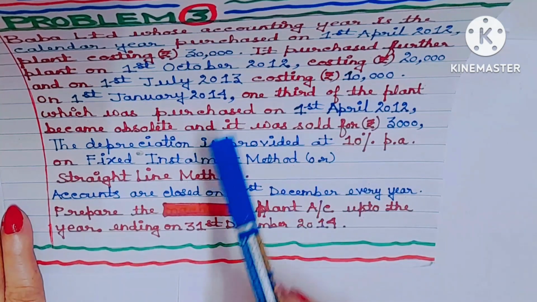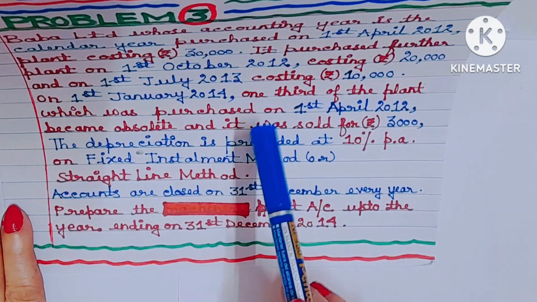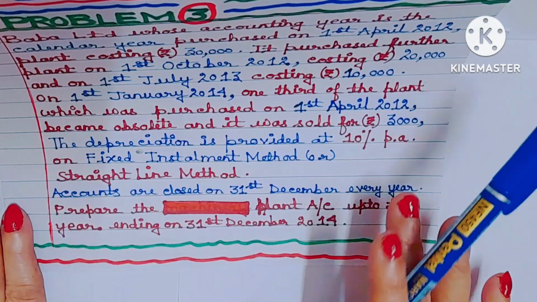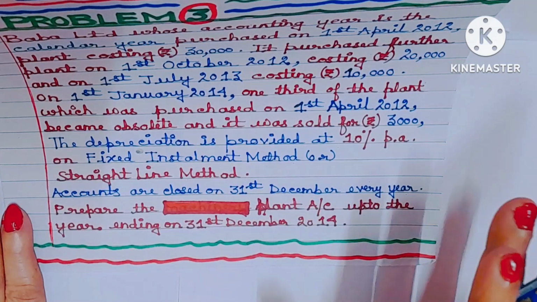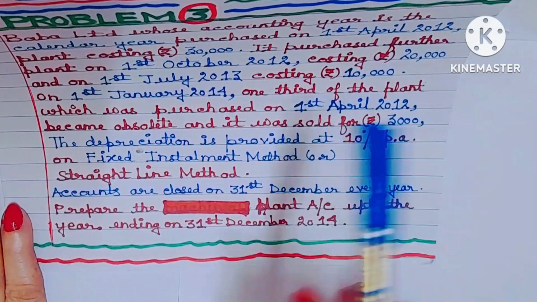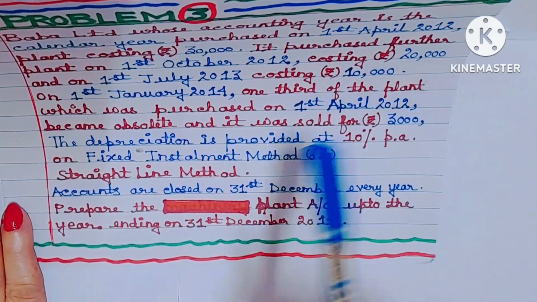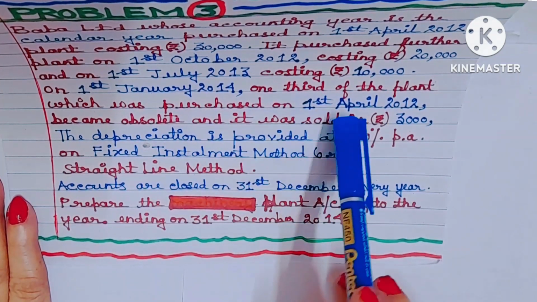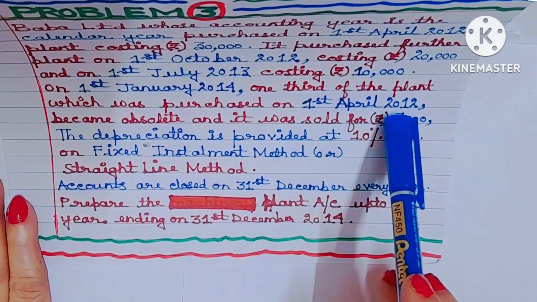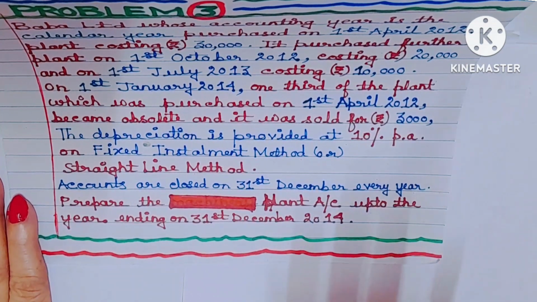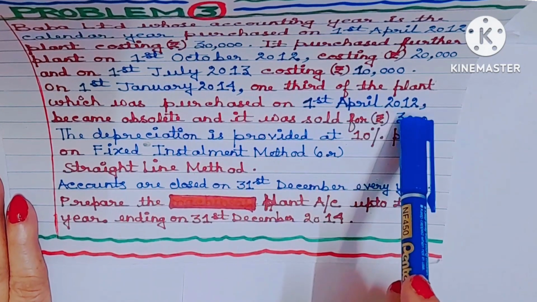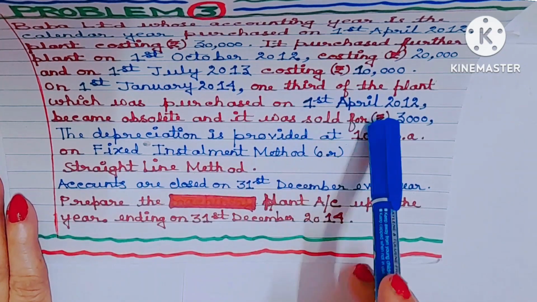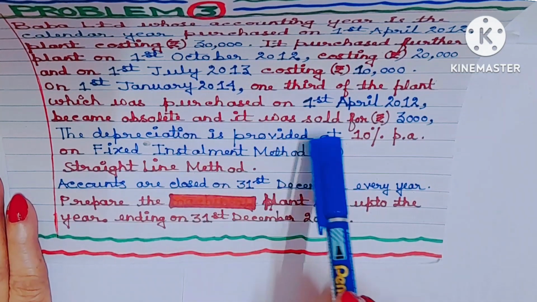And in the year 2013, Baba Limited also purchased the third plant on 1st July 2013 for rupees 10,000. So in this problem, 3 plants were purchased by Baba Limited. On 1st January 2014, one-third of the plant which was purchased on 1st April 2012, that means the first plant, became obsolete and it was sold for rupees 3,000.